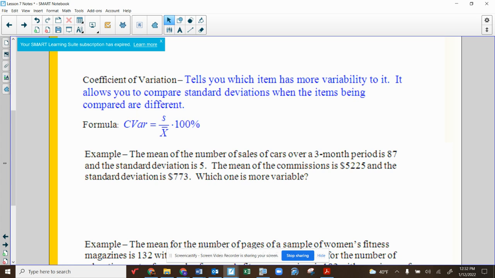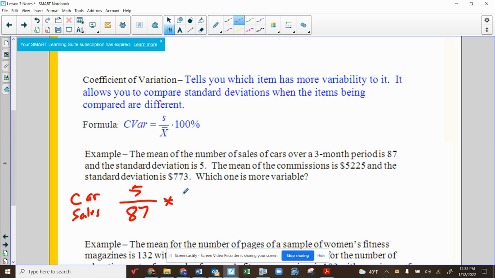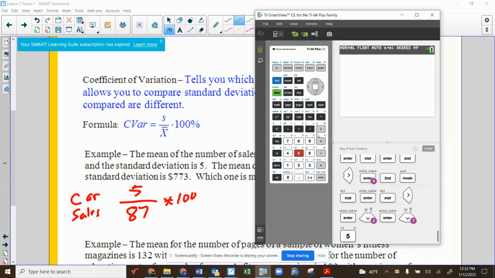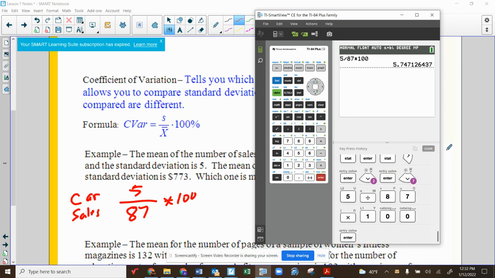So all coefficient of variation is right here is to start the thing right here. So this one would be for the car sales. You take the standard deviation. So standard deviation, this one is 5. Divide it by the mean and multiply that by 100 to get a percentage. So 5 divided by 87 times 100 gives me about 5.75%.